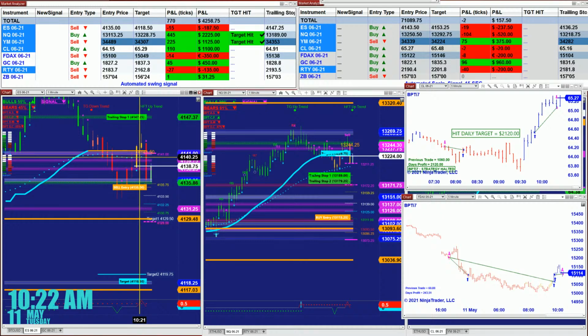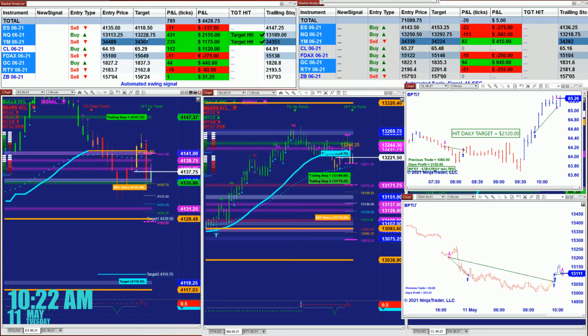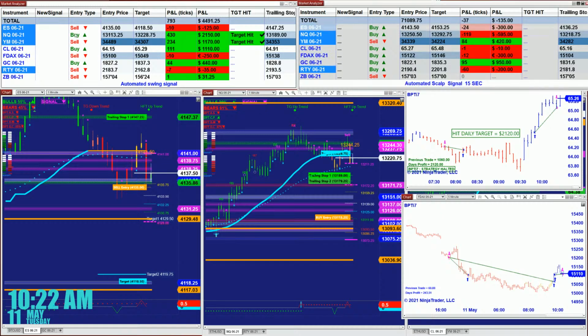Let me show you something. A minute ago, those two market analyzers were all in the green like gold. Now, if we look at the scalper on the ES, it is losing money, and the ES on the swing trading is losing money.